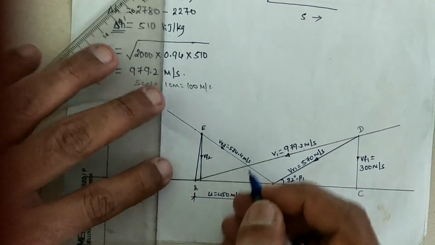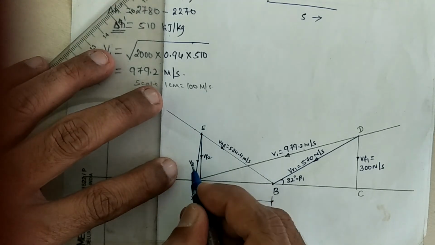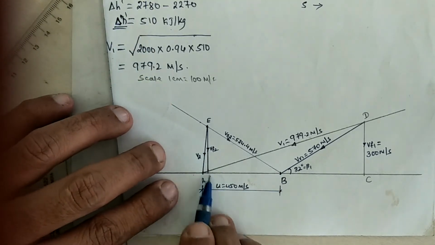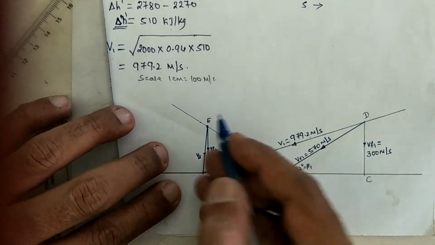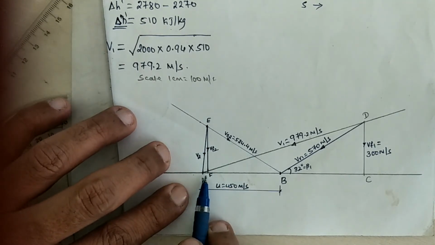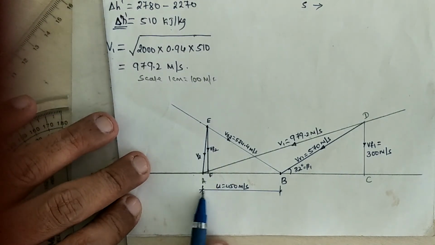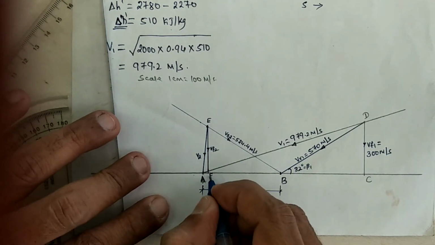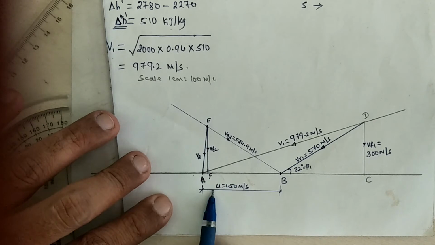So this is VR2, this is VF2 and this is V2. Now you can see this VU2 is overlapping on U. So A, B, C, D, E, and this is point F. Point A and point F are overlapping on the U line.